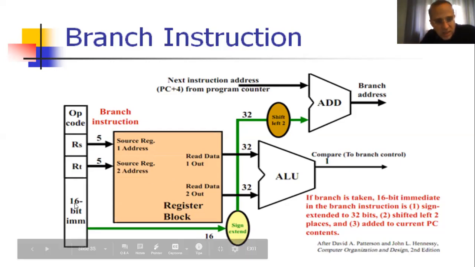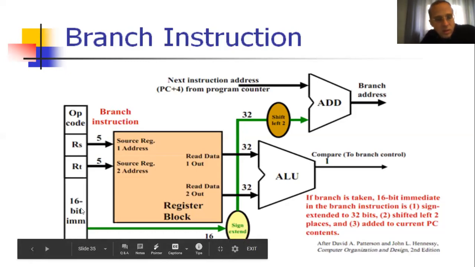Now, what is that other PC? Well, you take these 16 bits. This is the branch location, but it's 16 bits. So the first thing we do is sign extend it and turn it into 32 bits. So if it was like 100, it'll be a lot of zeros in front.